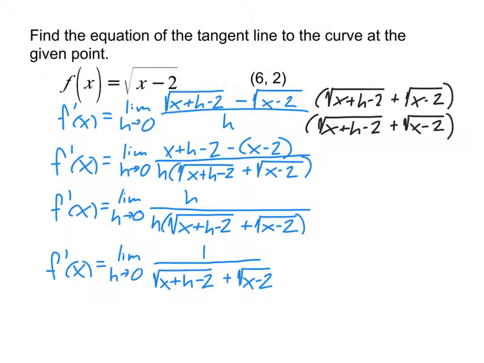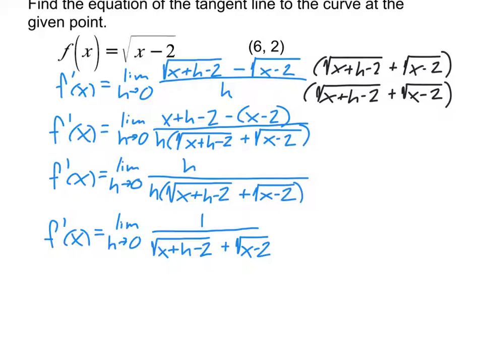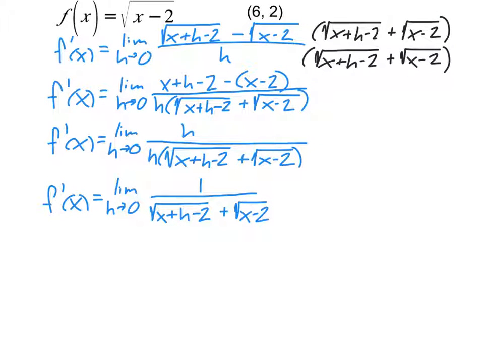All right, so fully simplified, this is where we end up being left. So we have f prime of x equals the limit as h approaches 0 of that fraction with the square roots in it. Now that I've actually simplified it to the point where the h in the bottom went away, we canceled it out, I can now go ahead and plug the 0 in for h, to see what that's going to give us. So f prime of x is going to equal 1 over, plug 0 in for h.